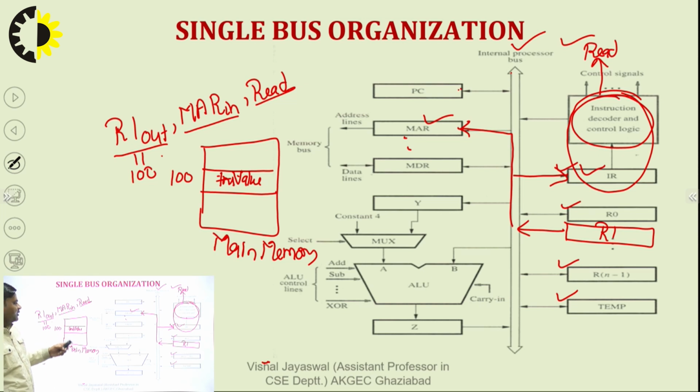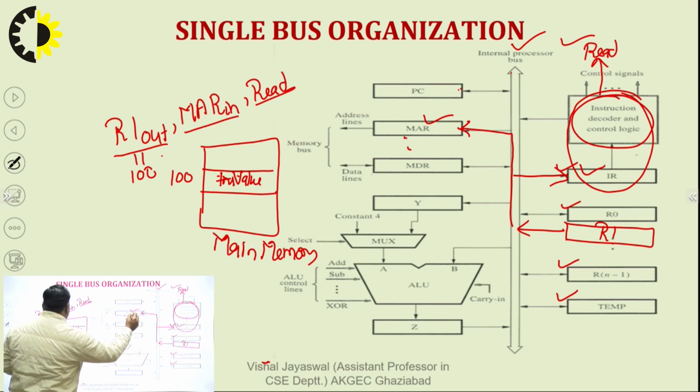The value of MAR is currently 100 because R1 is out and MAR in is 100.